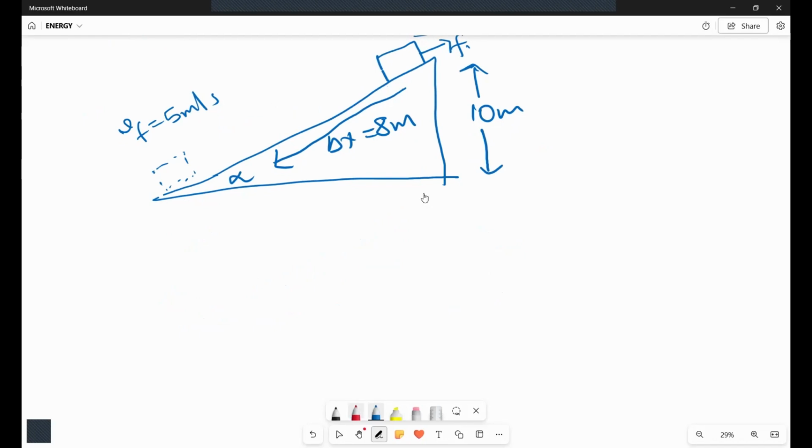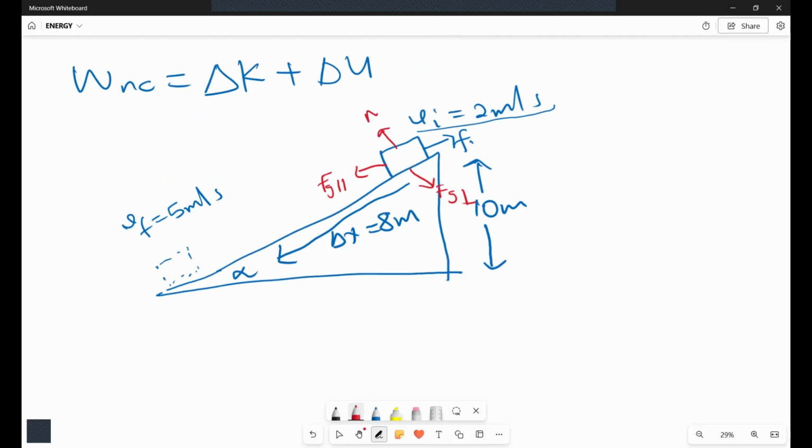Now, let's agree that my object is under the influence of Fg parallel, Fg perpendicular, normal force, as well as friction. Remember, I know my weight acts downwards, but in this case I broke it into its components, hence I did not include it.